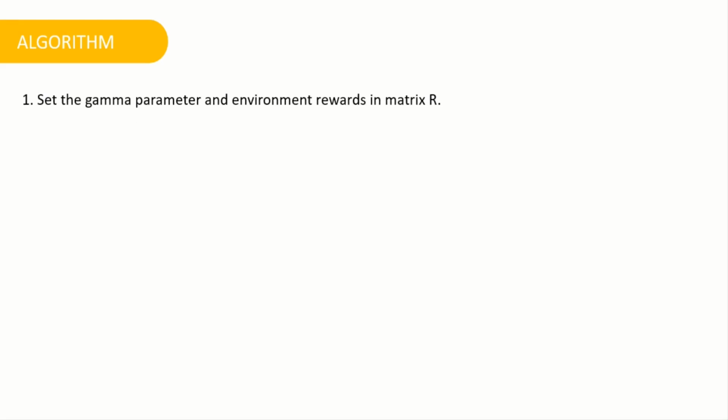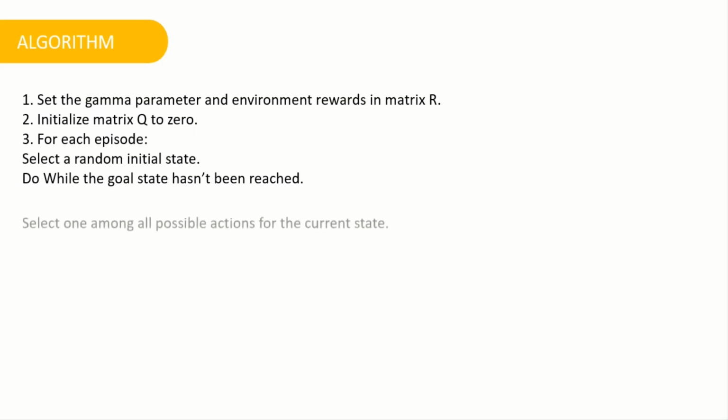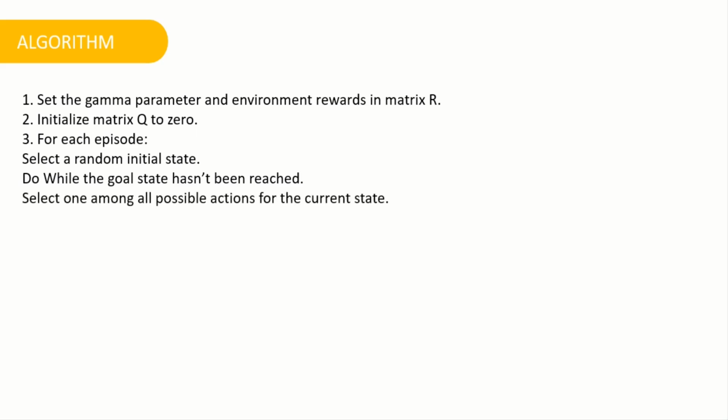The very first step is to set the gamma parameter and environment rewards in the matrix R. Then we need to initialize the matrix Q to 0. After that, for each and every episode, we have to select a random initial state and then do while the goal state hasn't been reached, which means we are starting the loop.